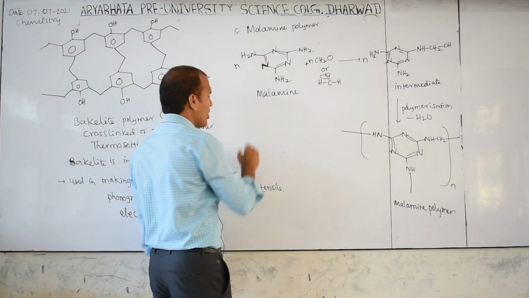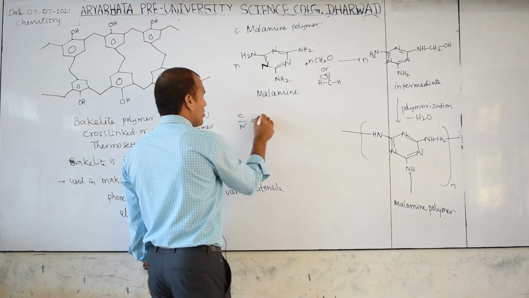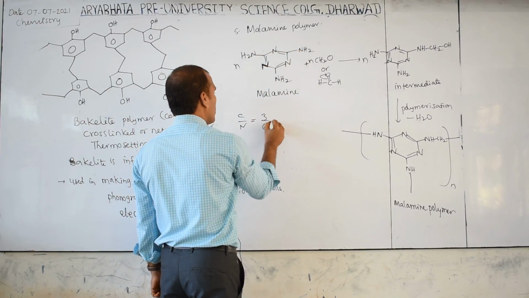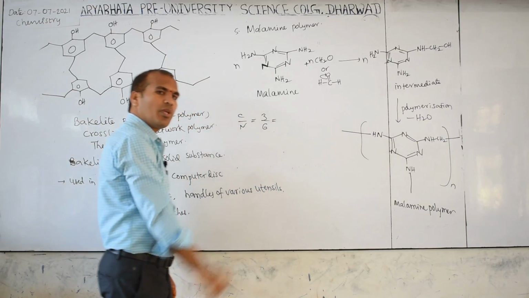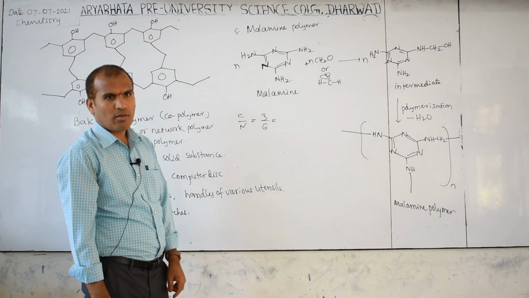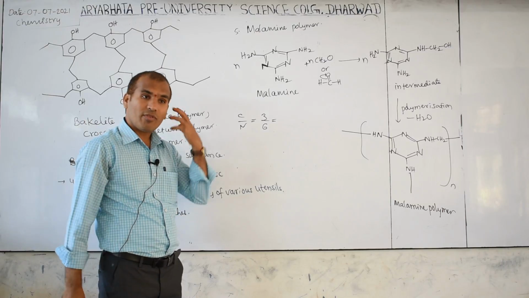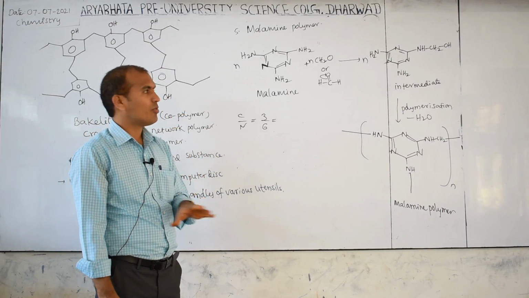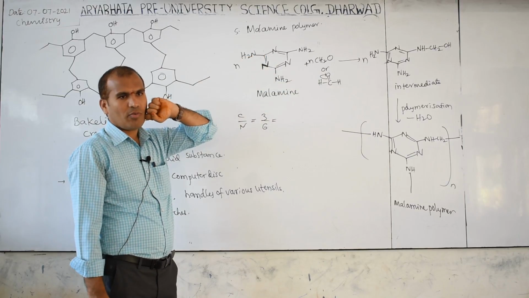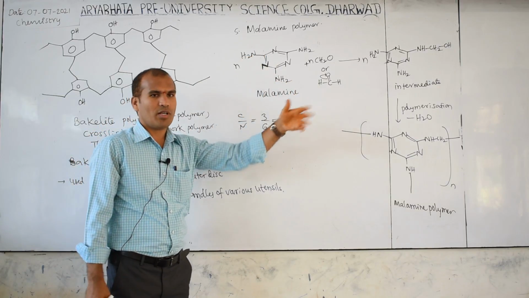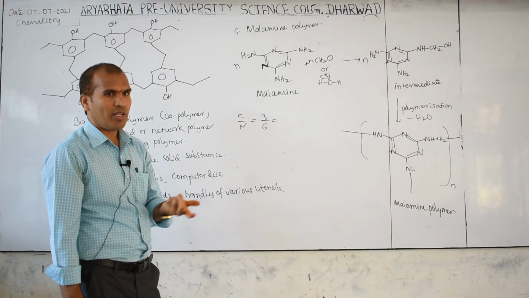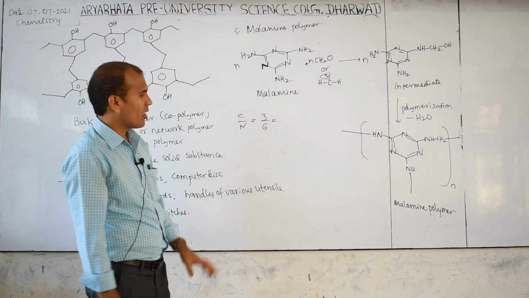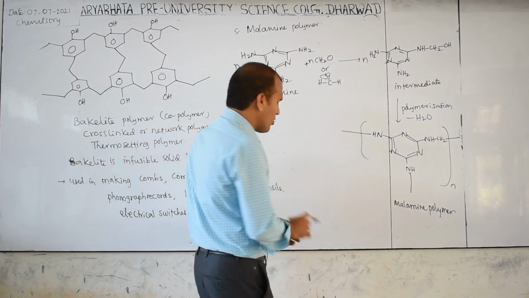How many nitrogens? 1, 2, 3, 4, 5, 6. So the ratio is 1:2. But for competitive exams they will try to confuse us with this compound. Remember the formula or the monomer name. If you do not remember the structure, they will ask questions like this. So next, what is the use?